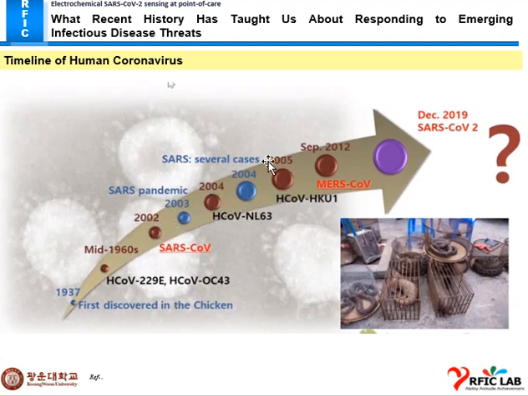HCoV-HKU1 in 2005, and MERS in 2012. And now we are in the pandemic of the SARS-CoV-2 virus from December 2019 till now.